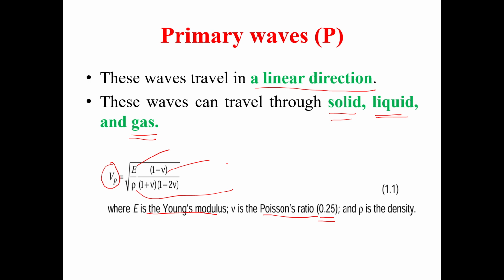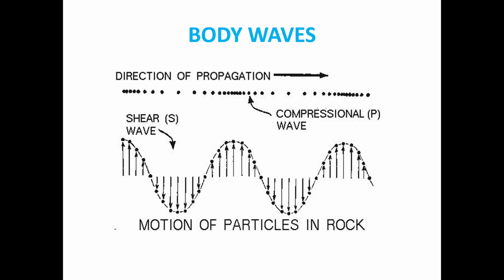So this formula is generally used to calculate the velocity of the P waves. Again, don't look at this figure, just focus on this figure. This is what they make: compression, dilation, compression, dilation, and this is the direction of propagation of the wave.